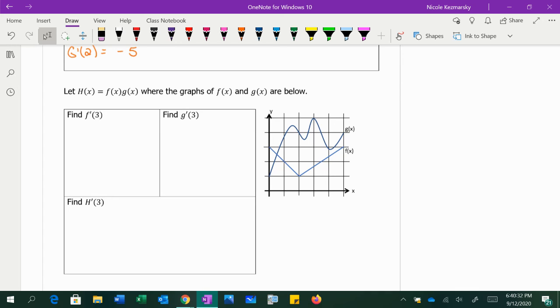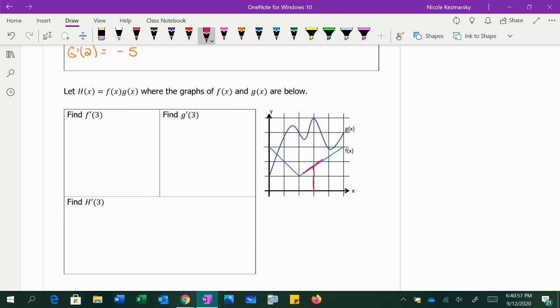So the first thing I want is f prime of 3. Well, what I know is that derivative is slope. So I'm going to go to my function f, and I'm going to look up. So let me go to 3. 1, 2, 3. I'm going to look up to my function, and I want to know the slope of this line.